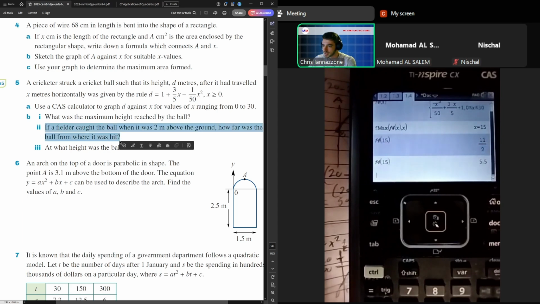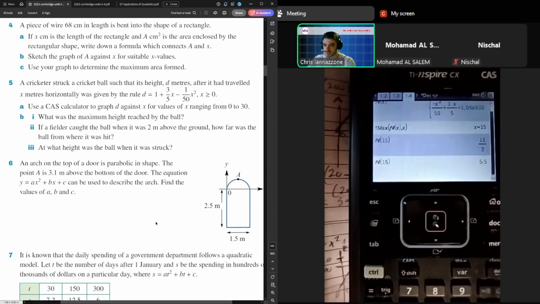If we go back to the screen share, we have double I. A fielder has caught the ball when it was 2 meters above the ground. How far was the ball from where it was hit? So we have a fielder, the ball has been launched off in a direction. It was caught when it was 2 meters above the ground.